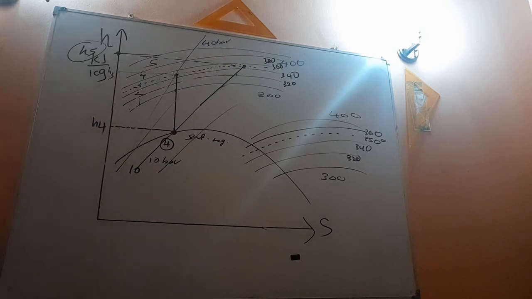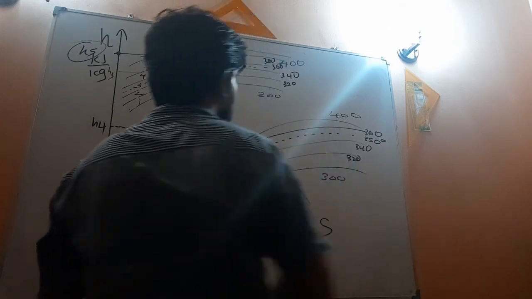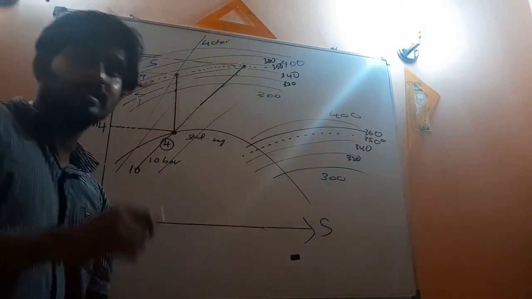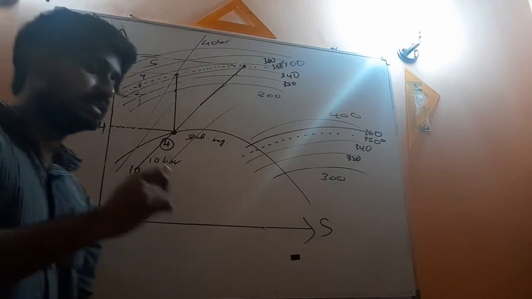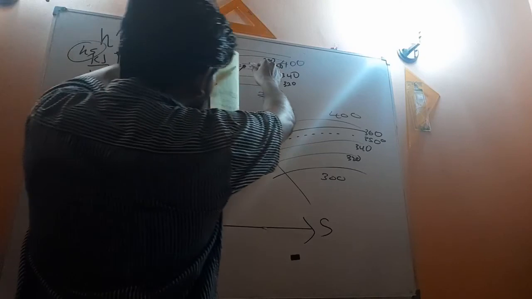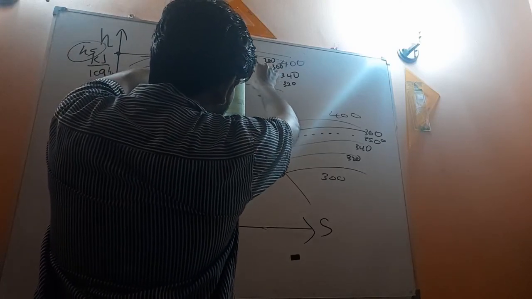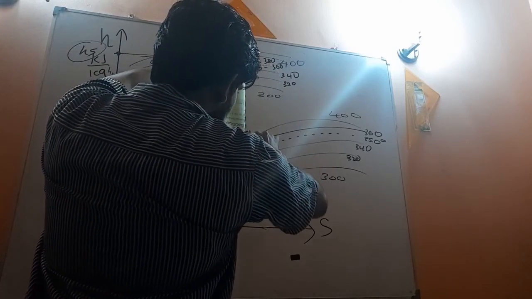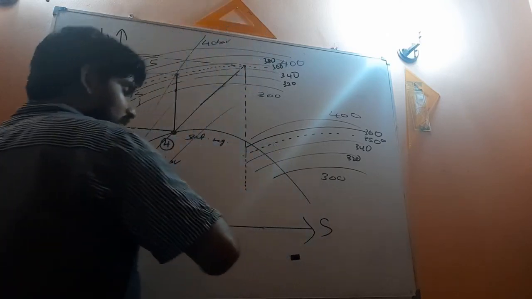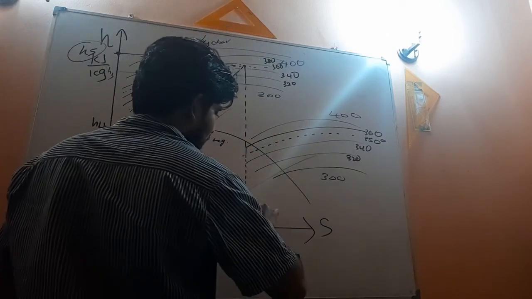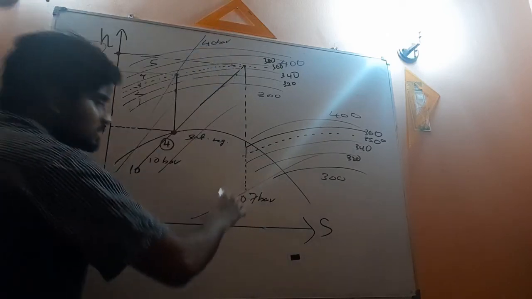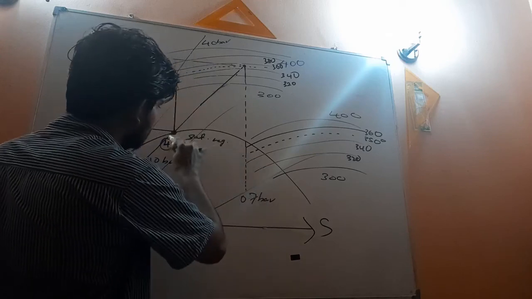So now we are here. Starting from this point, in this problem it is said the final expansion stage is processed until 0.7 bar. So you have to extend this line vertically downwards until it passes the 0.7 bar pressure line. Definitely this 0.7 bar pressure line is below the saturated line.